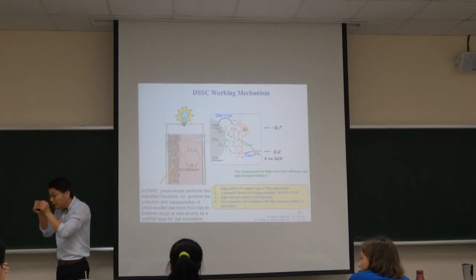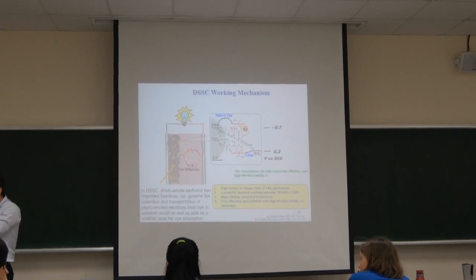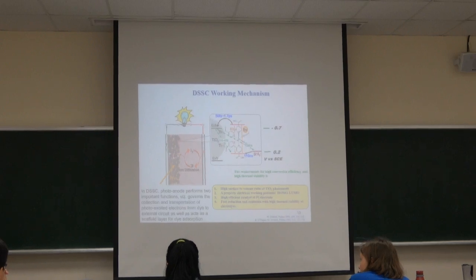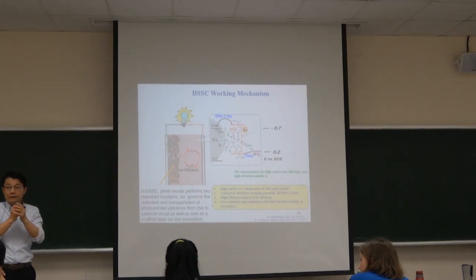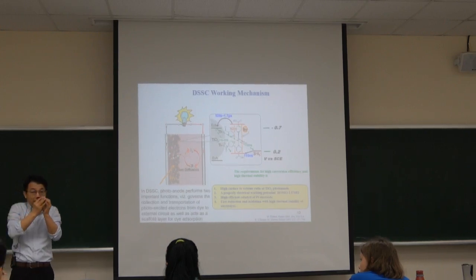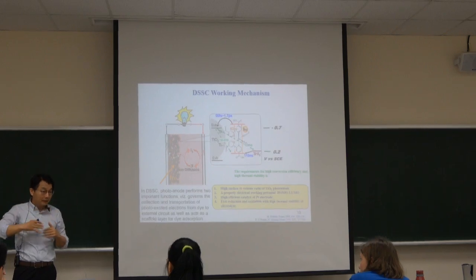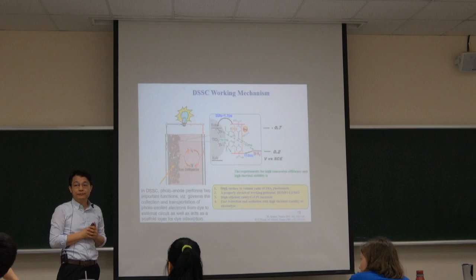So it can be regarded as a tiny solar cell that can provide charge transfer. Therefore, if we can manipulate the TiO2 surface to maximize the absorption line and also the absorption edge, it can create a high charge transfer process.